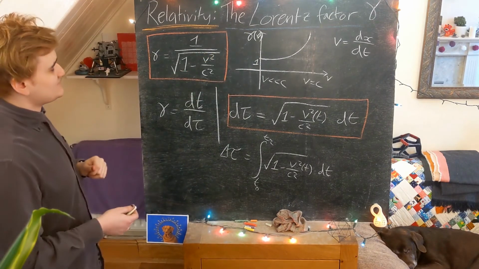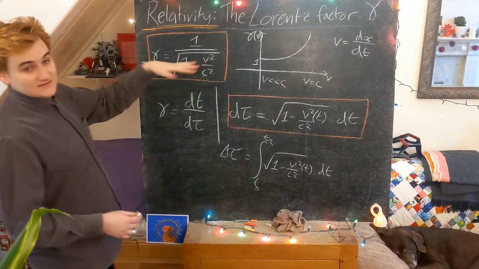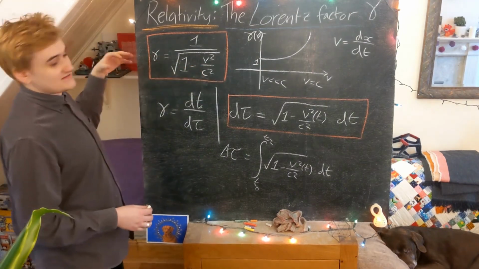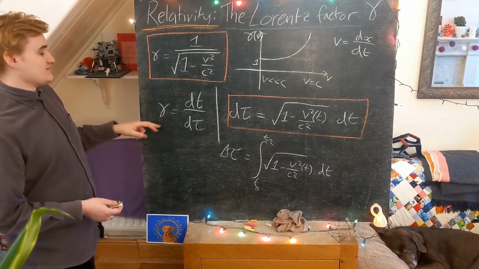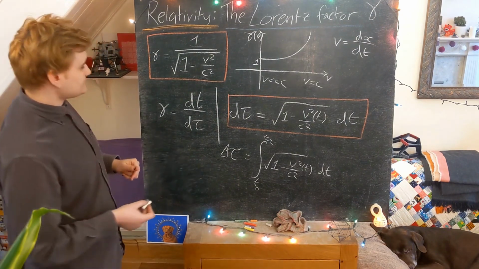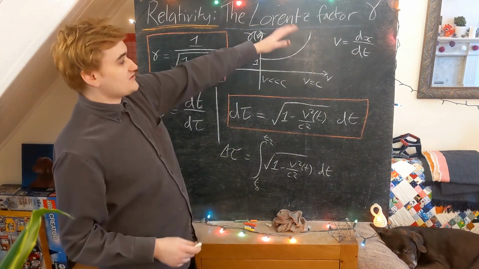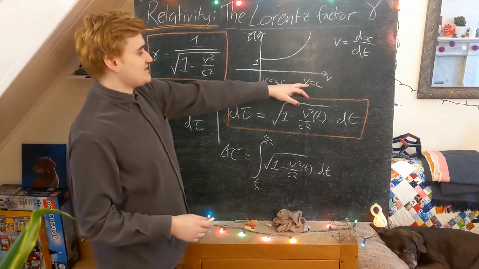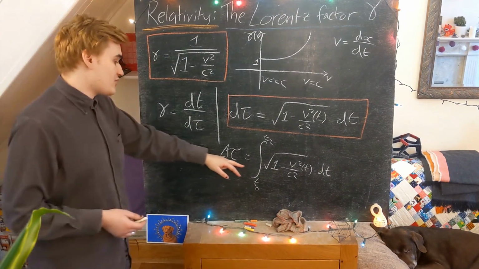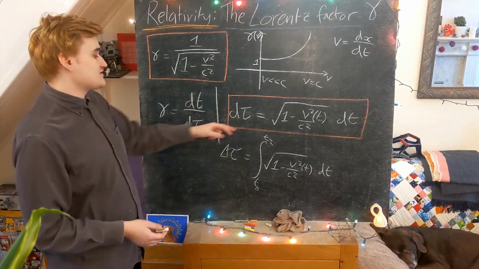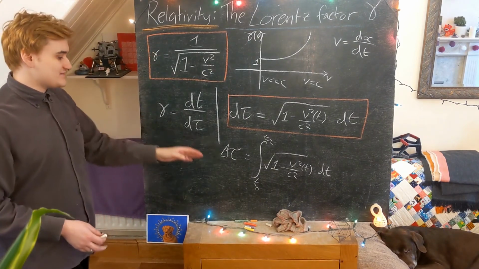When this velocity is small and nowhere near c, this gamma is just 1, and coordinate time and proper time are basically the same thing. But as gamma approaches larger and larger values, as this velocity approaches c, proper time is no longer equal to coordinate time.